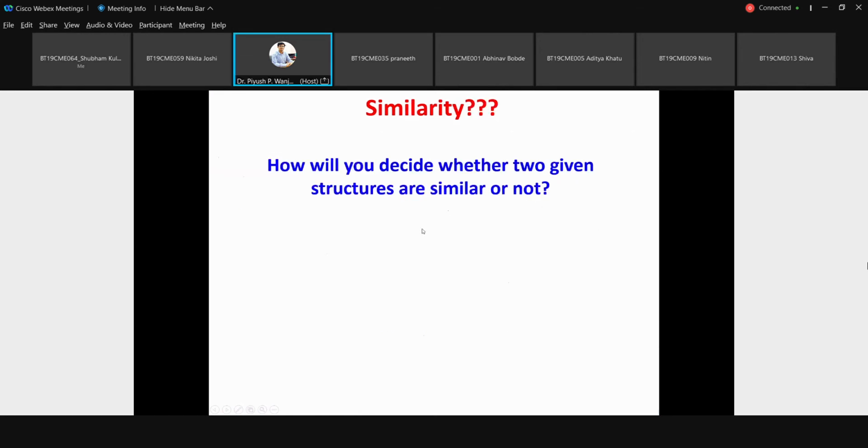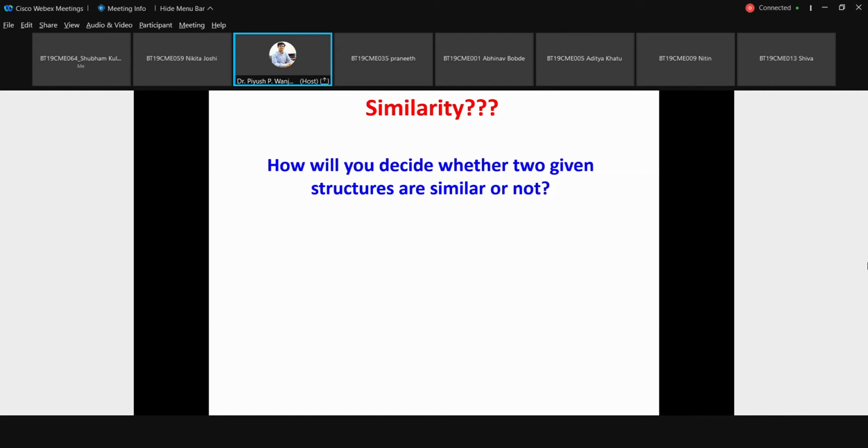So the question comes to us now. We know that certain compounds are good, and now we want to use this particular method to find which other components are similar to this. When I say similarity, what will be your criteria? How will you decide whether two components are similar or not? What will be your criteria to decide whether the two components given to you are similar or not?